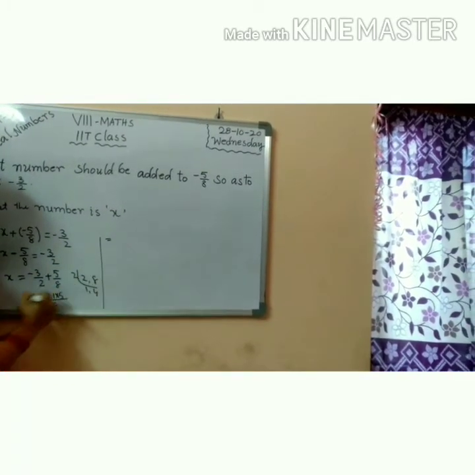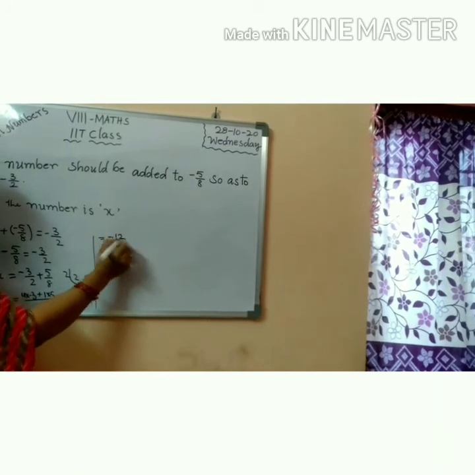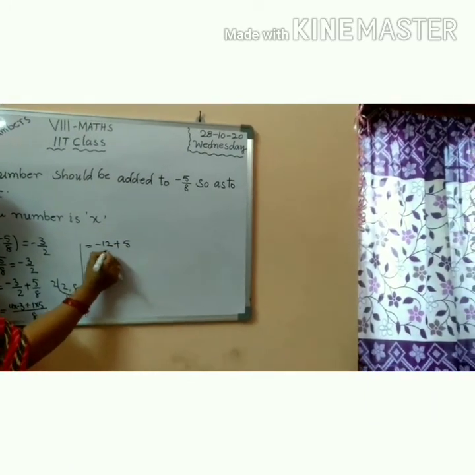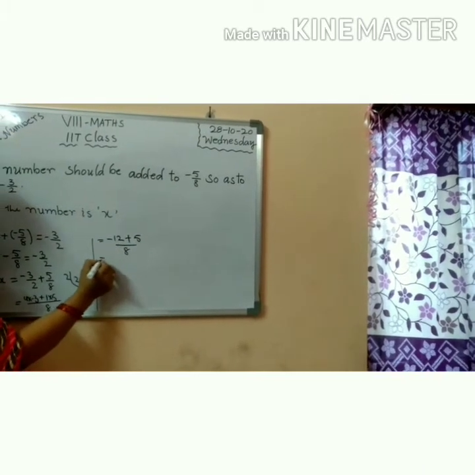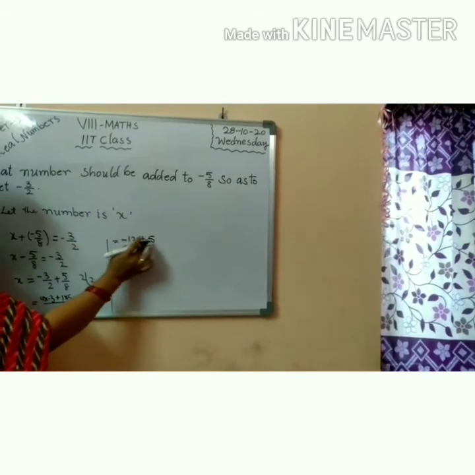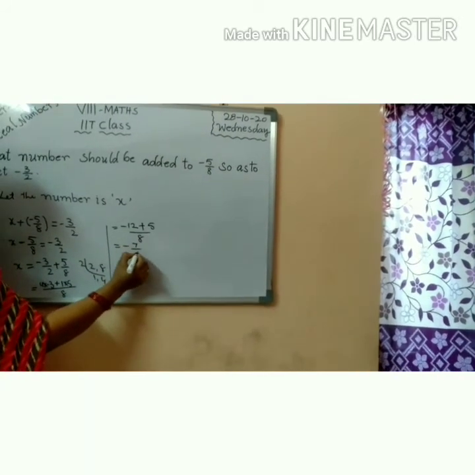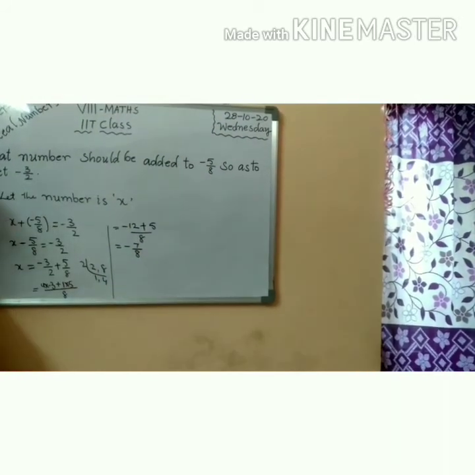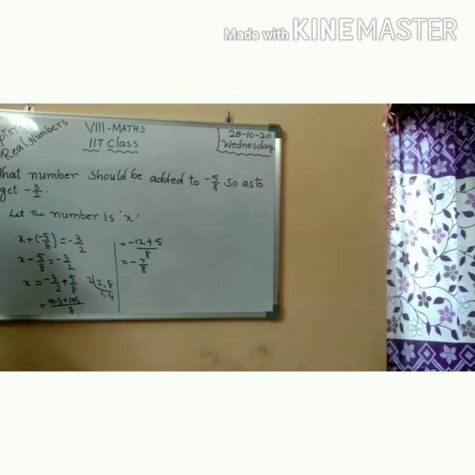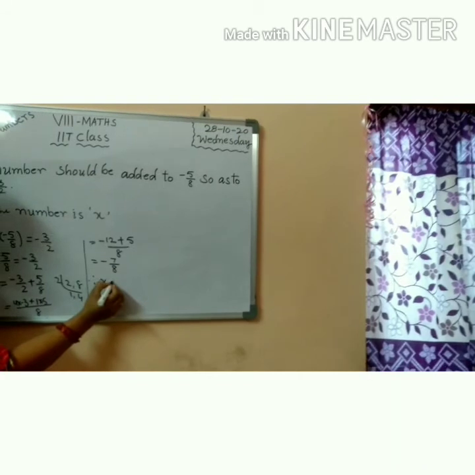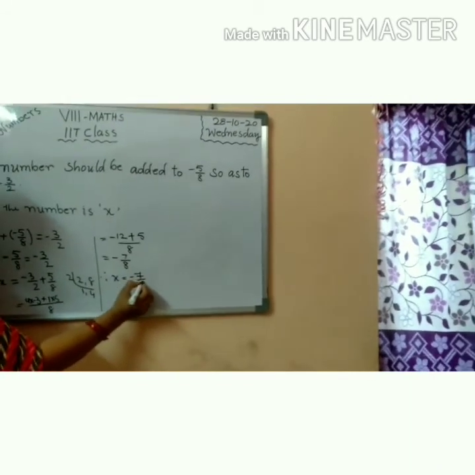That is equal to minus 4 threes are 12, plus 5 ones are 5, over 8. So here 12 minus 5, in this case minus 7/8. That is the x value. Therefore x equals minus 7/8.